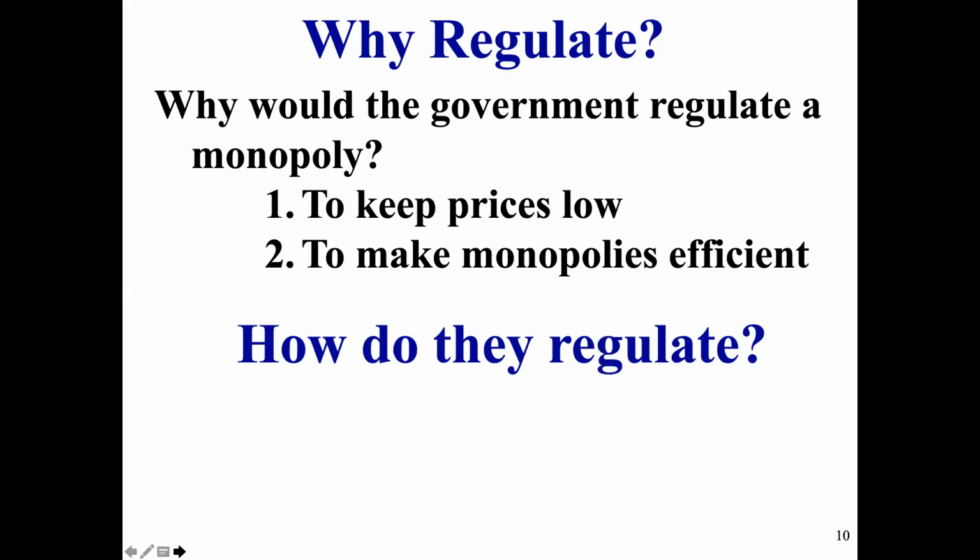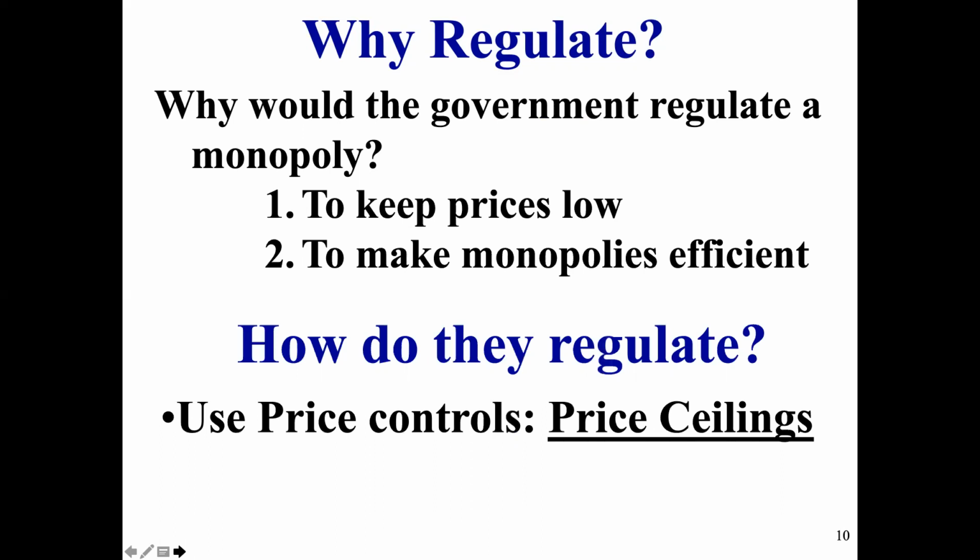What I want you to pause and think about for a second is, how could we regulate them? What tools do you have at your disposal to regulate monopolies and help them lower the prices and become more efficient? Well, the main answer is price controls. And in fact, price ceilings are what we're going to use primarily to regulate monopolies. This is different.